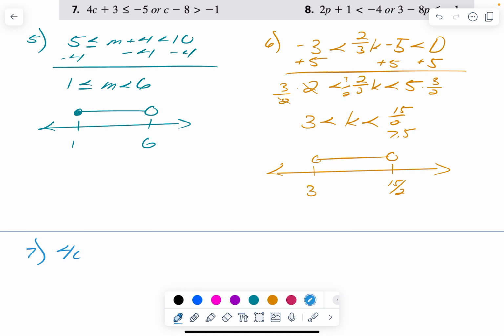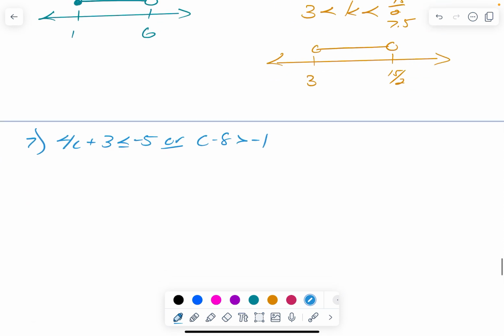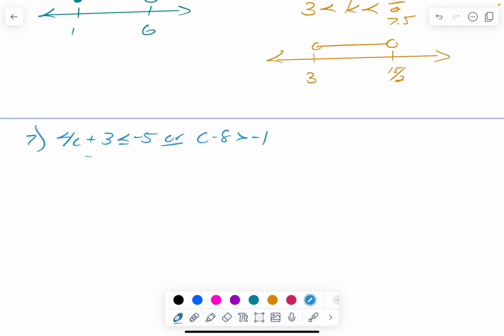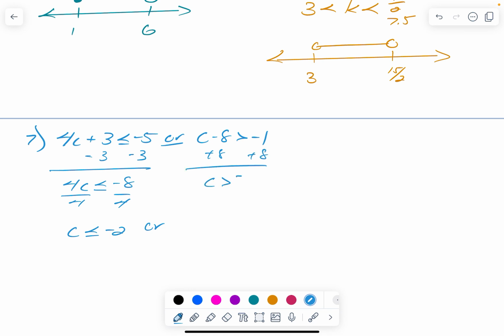Number 7 looks like 4c plus 3 less than or equal to -5, or c minus 8 greater than -1. All right, so to solve this, we're going to do each piece here. c less than or equal to -2, or c is greater than 7.